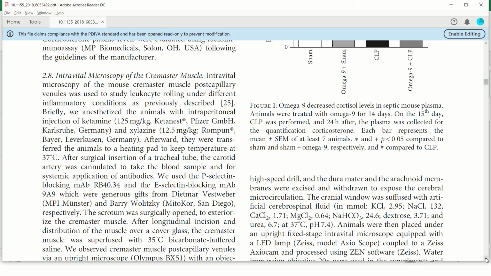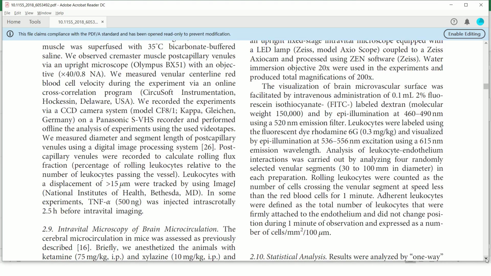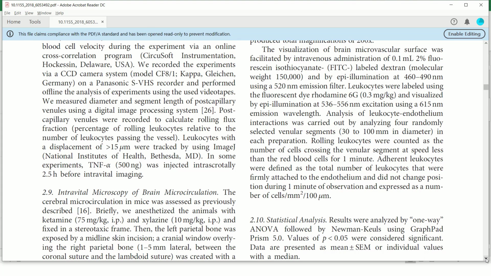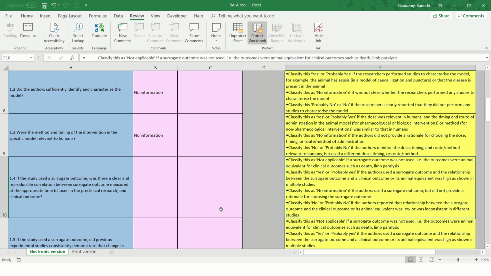Okay, so I'm just scanning through this, reading very quickly. I can't see how they related this to survival. Okay, so it's definitely not, we don't classify it as not applicable because the surrogate outcome was used, and they didn't provide that there was a relationship and it was high.